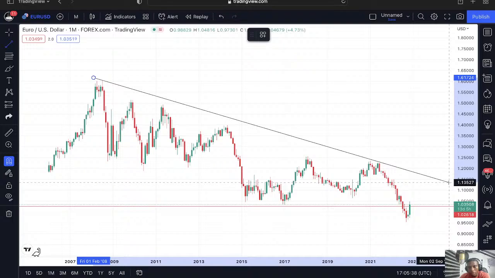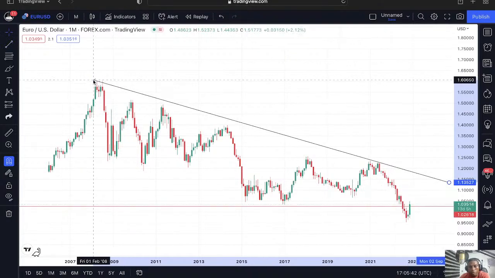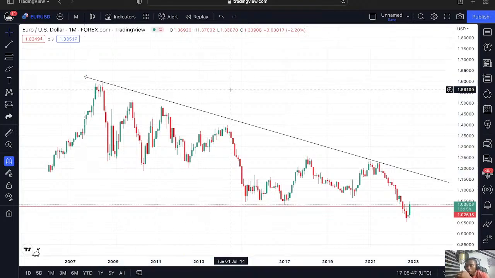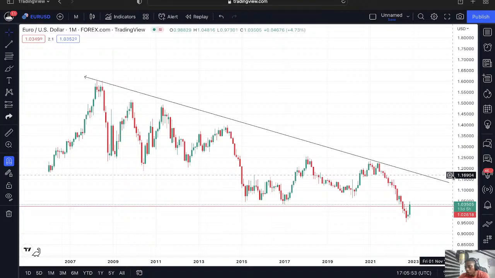Here we have a downward slope. So firstly, we want to identify what is the current market trend.